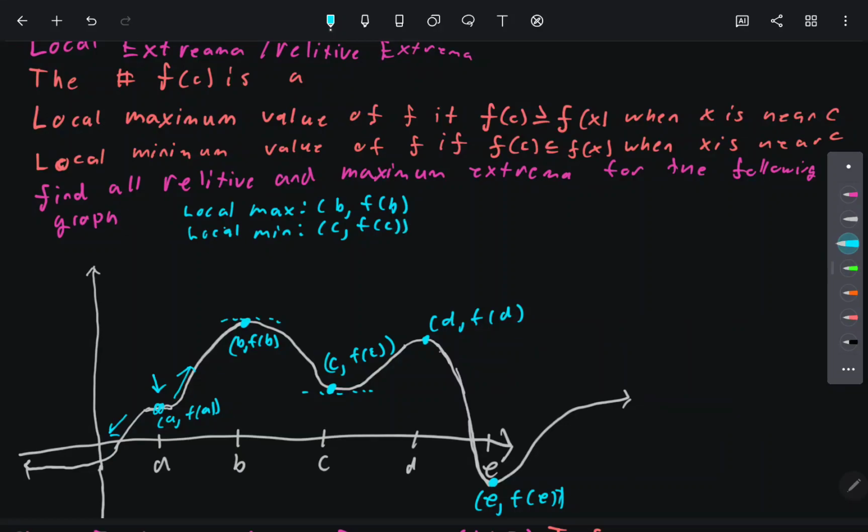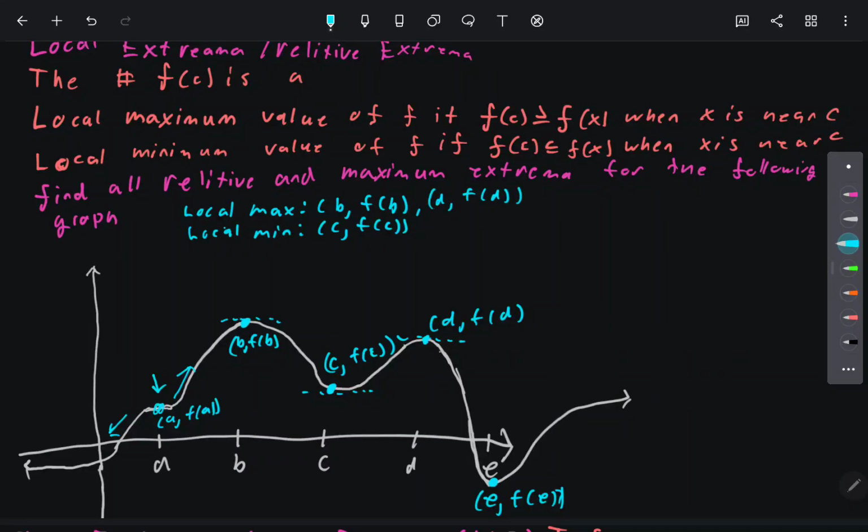Looking at d now, we have another local maximum because there is no other value of x close by that is greater than f of d. So we get d, f of d as another local maximum.